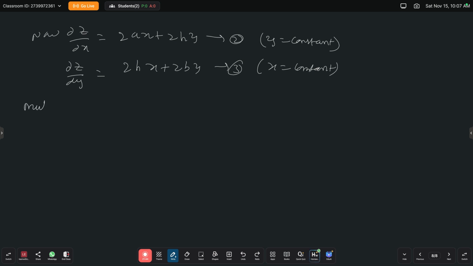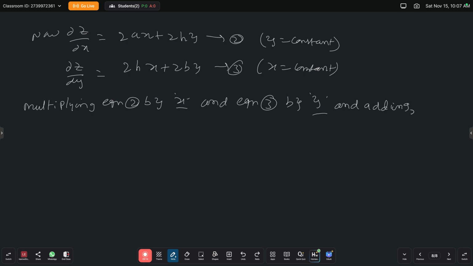So now multiplying equation 2 by x and equation 3 by y and adding, we get x into dou z by dou x plus y into dou z by dou y equals 2ax square plus 2hxy plus 2hxy plus 2by square.